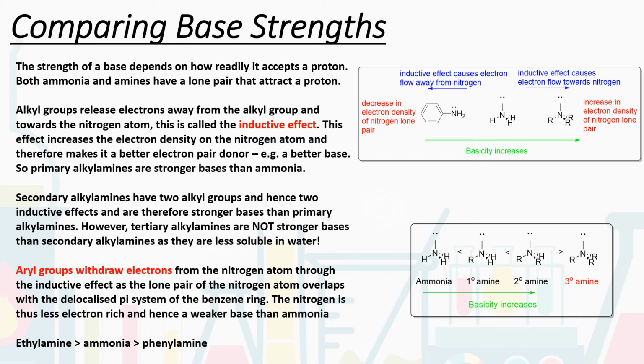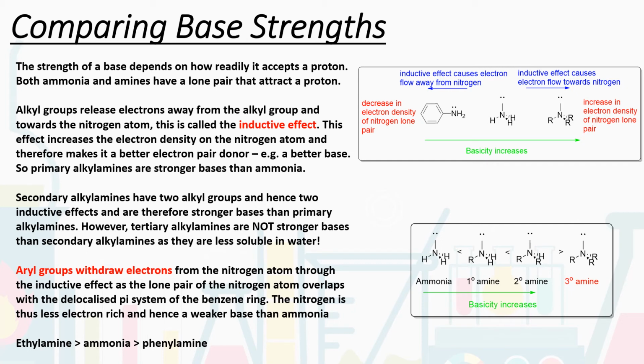This is because the electron density can overlap with the delocalized pi system of the benzene ring, essentially adding to the aromaticity. And so the nitrogen is therefore less electron rich. We can think of our electron density being taken away from the nitrogen. And so if there's less electron density, it's a less strong base, a weaker base than ammonia.